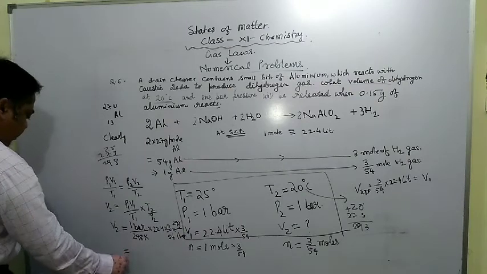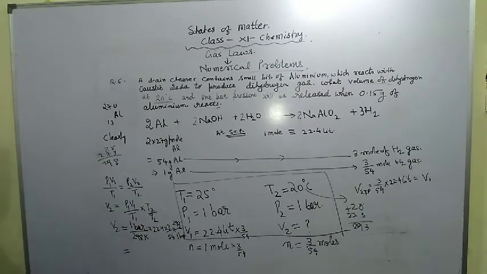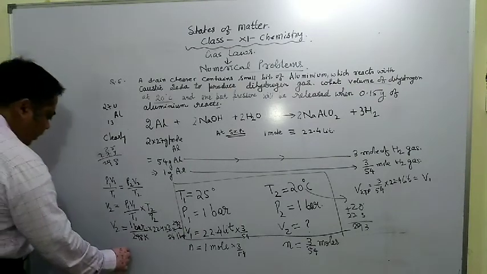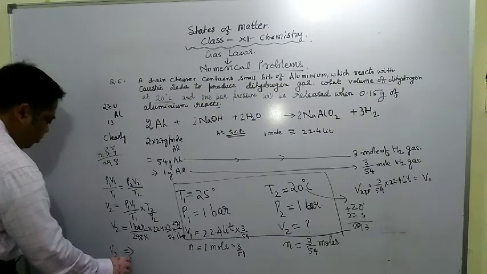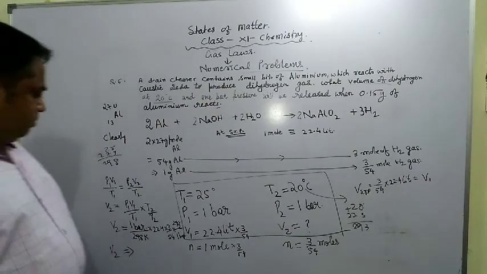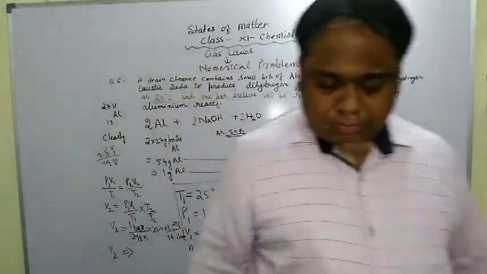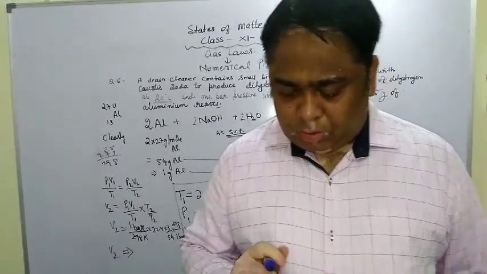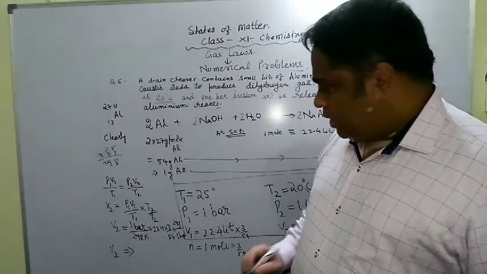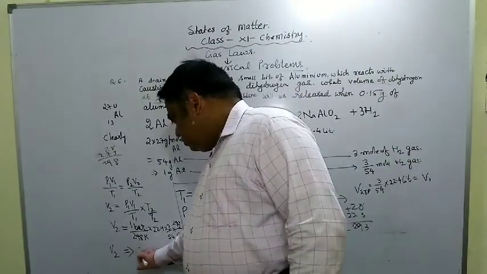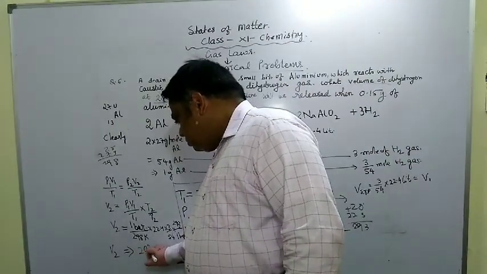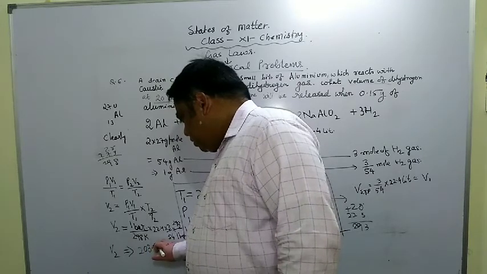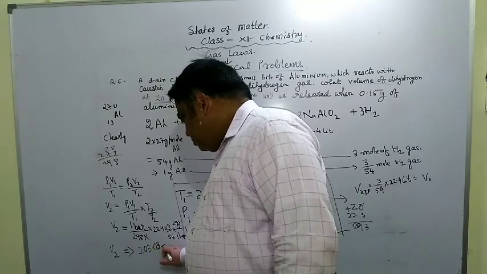It is 1 atm and is approximately near to 1 bar, so we can take 1 bar only. So if you calculate, the value of V2 will come out to be 203.03 milliliter.